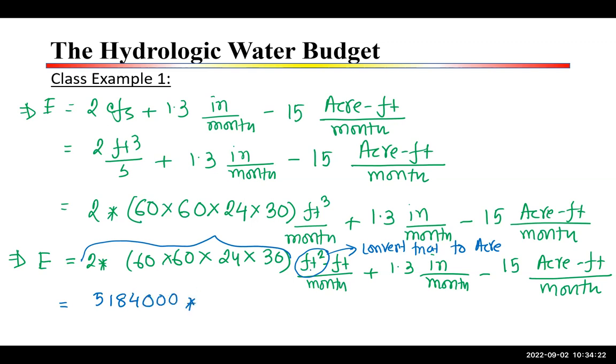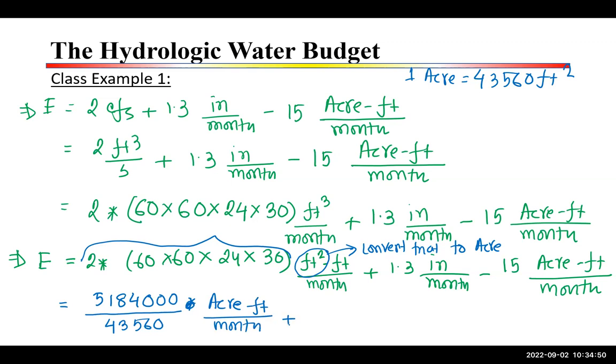Now, since we have acre feet, what is the conversion factor? 1 acre equals 43,560 feet square, right? That means I need to divide that by 43,560 feet square to get acre feet per month.